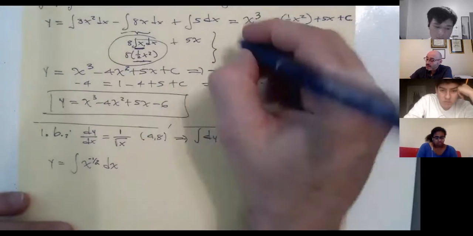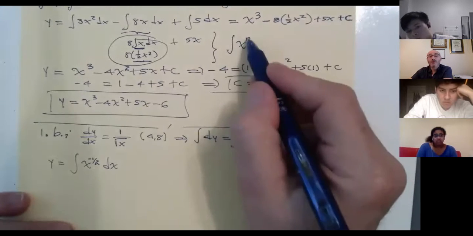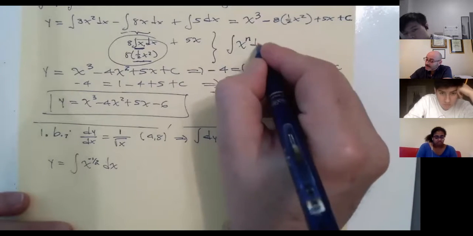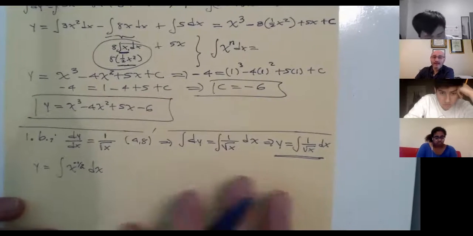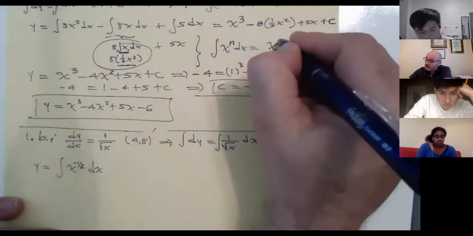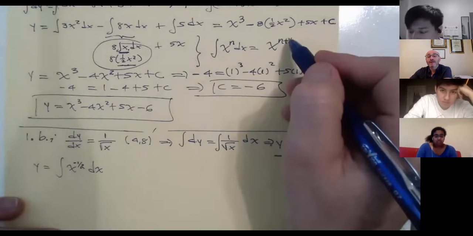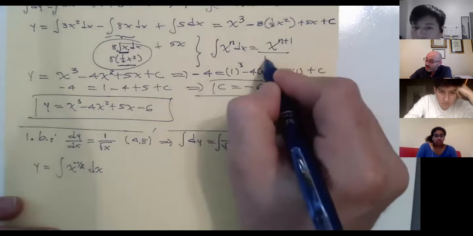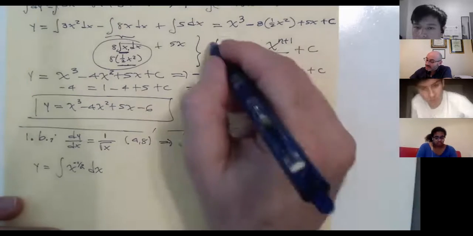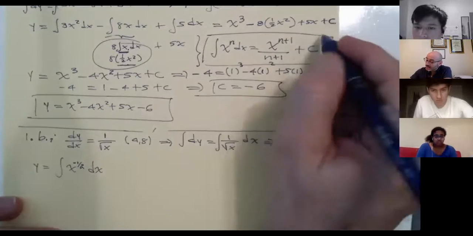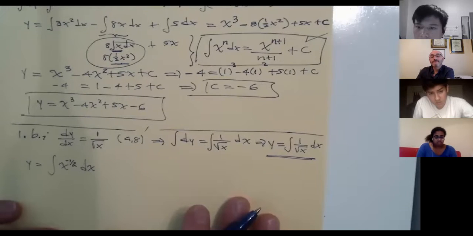So when we have the integral of x to the n, x to a power, the rule to anti-differentiate that is x to the n plus 1, the power rule. You add 1 to the exponent, and then you divide by that exponent. And in this case, we need to add a c. So this is the power rule for integration. Okay? That rule.